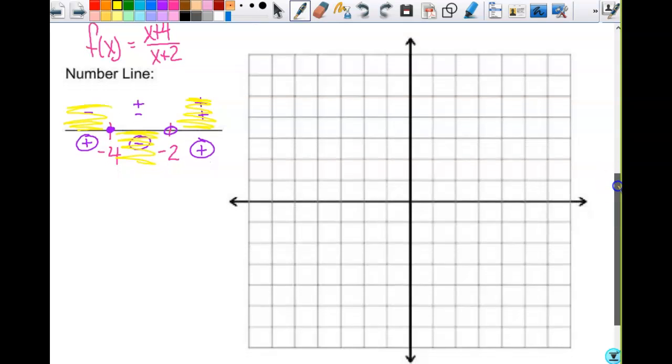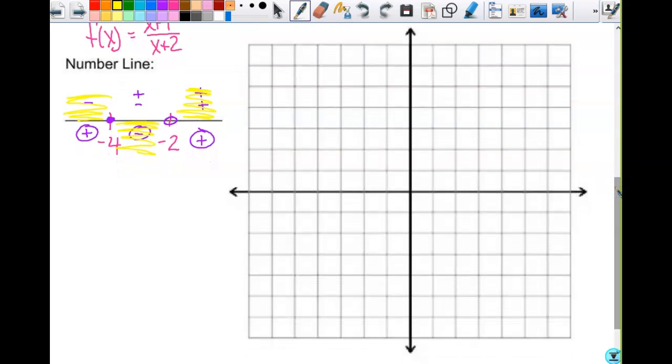So now that I have all of that, I'm going to go and plot everything I have figured out. So I know I have a hole at 3, 7/5. So 7/5 is like 1 2/5. So 3, 1 2/5 is about right there. There's a hole. I have a 0 at -4.